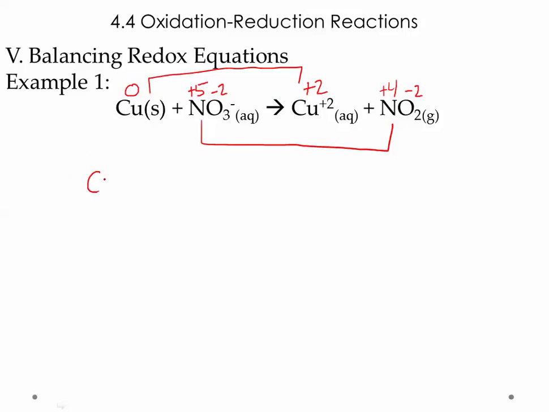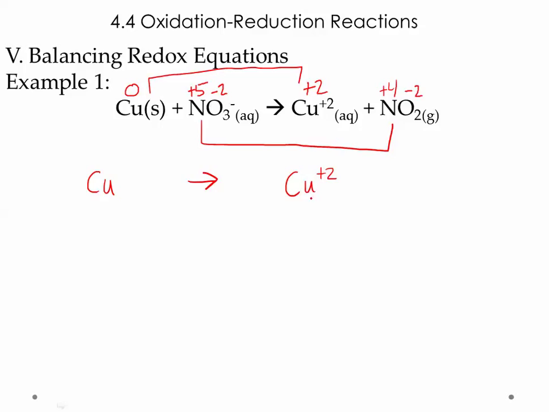So let's put copper on this side. We'll draw our arrow, leave some space, and we'll put our copper +2 ion on this side. First thing that we need to do is balance the atoms of copper because it's being oxidized. So we have one copper here and one copper here, so that's already balanced.